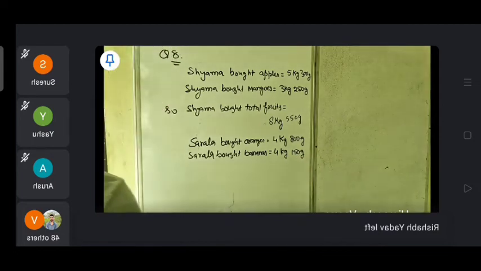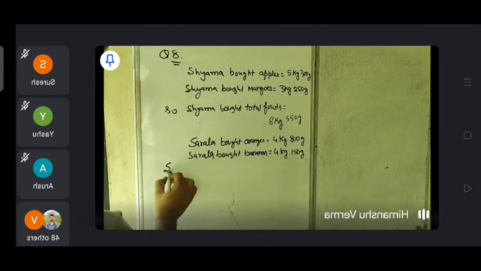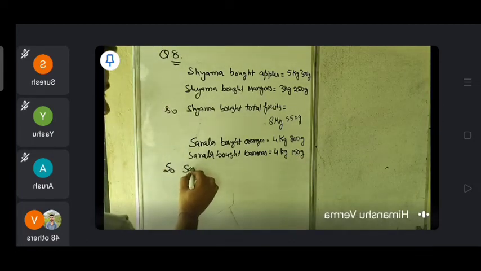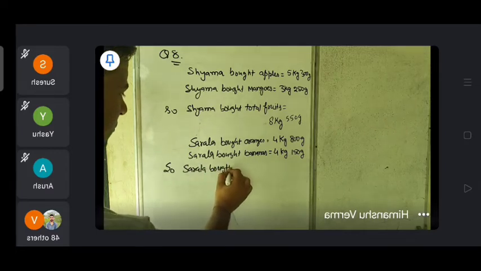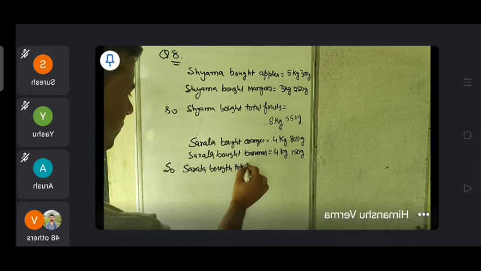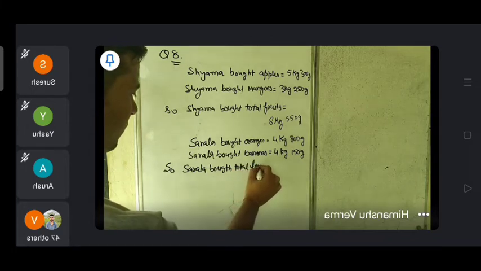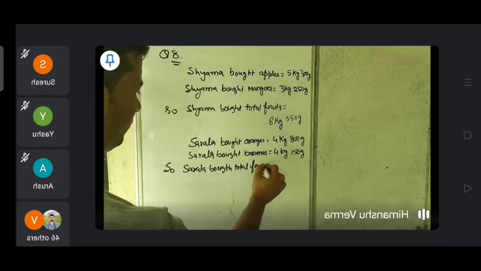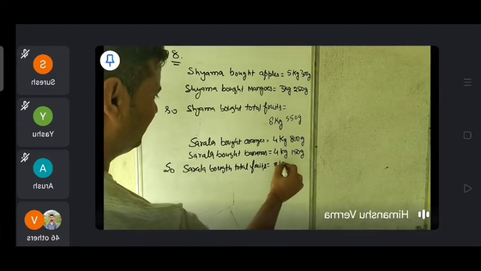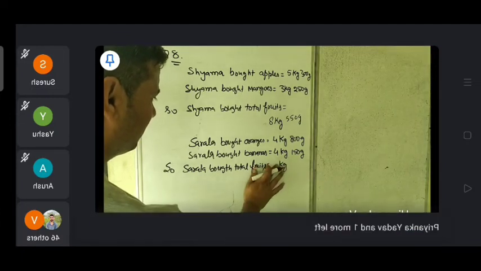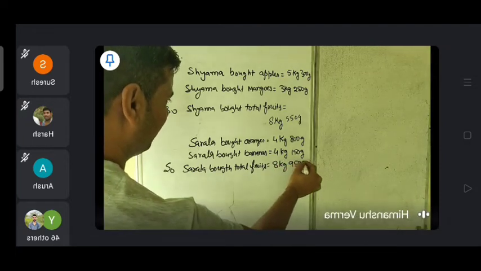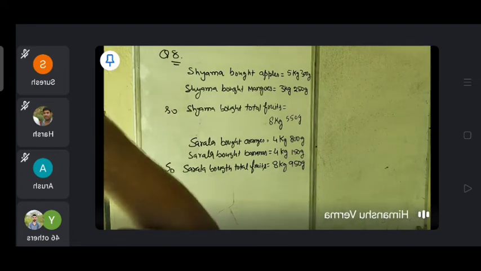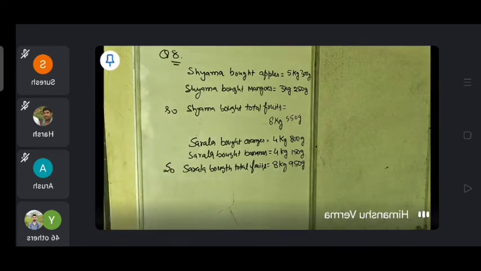So total weight कितना हुआ सरला के fruits का? So Sarla bought total fruits equal to 8 kg and 950 grams. Very good. So who bought more? किसने ज्यादा परचेज किया?